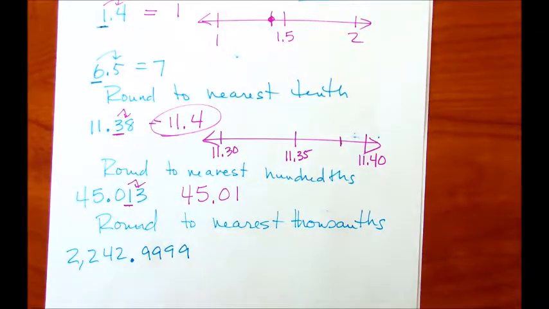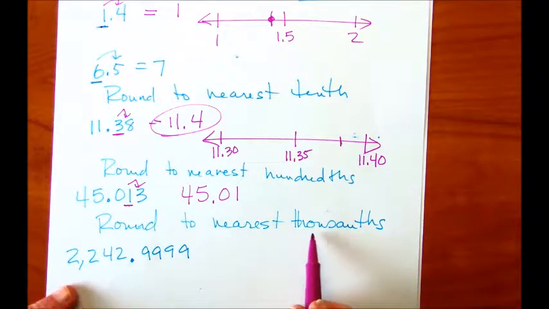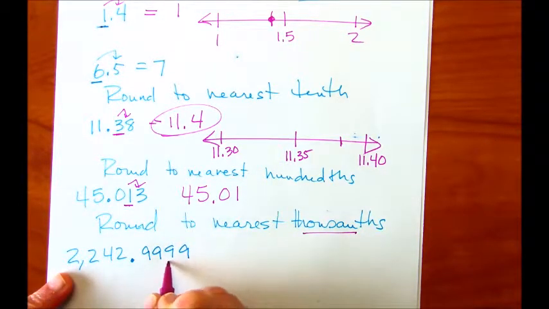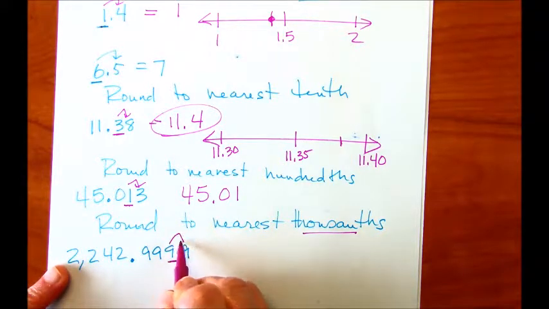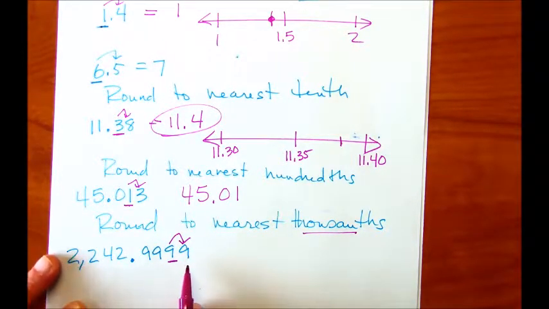Okay. Sometimes you get tricky ones like this. Again, we want to identify the thousandths. That's going to be in this position, tenths, hundredths, thousandths. We want to look right next door to the right. 5 and above, give it a shove. Now notice this is a 9.